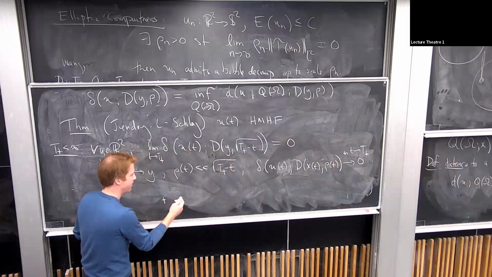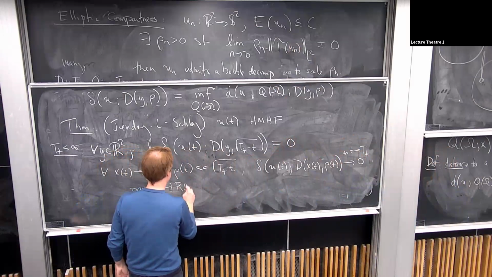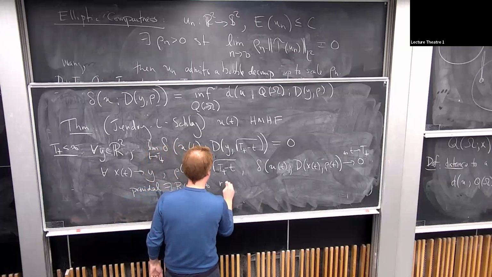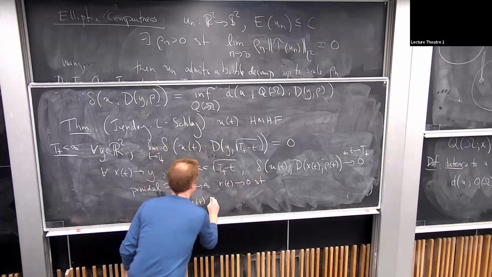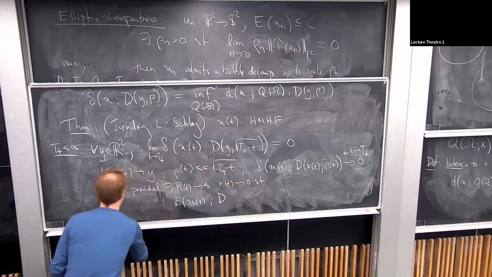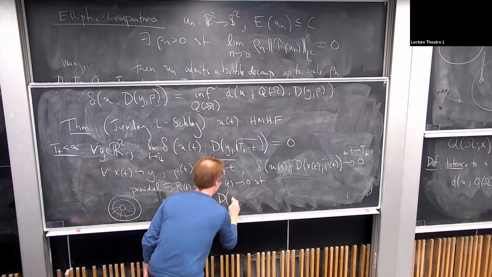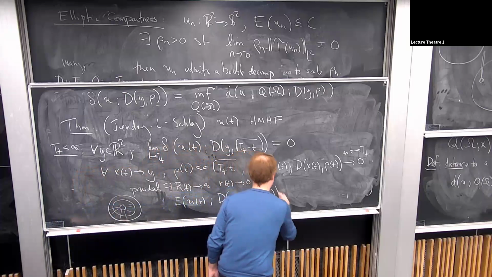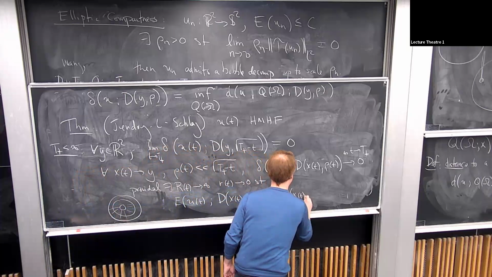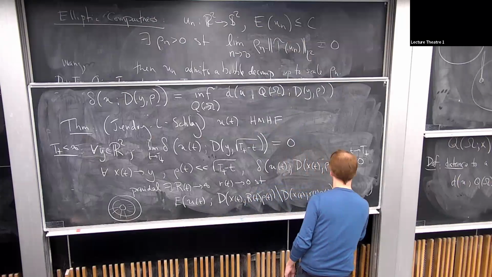So provided there's a neck, so there's r of t tending to infinity, little r of t tending to 0, such that the energy of u of t on this neck, this annulus, the disk of x of t, rho of t minus the disk of x of t, r of t, goes to 0.